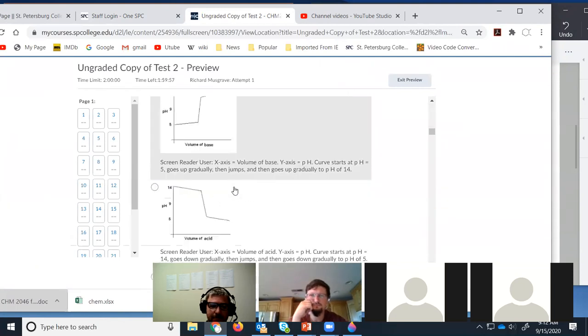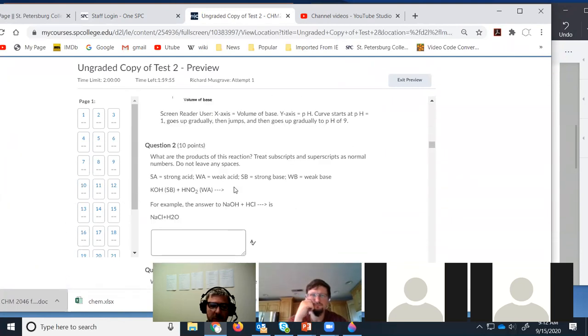So for something like this, you know that the weak acid will break into H plus, and whatever's with it will be negative. So that'll be NO2 minus. And for the other one, you know that the metal will be K plus, and whatever's with it will be minus. That's how you're breaking it apart.